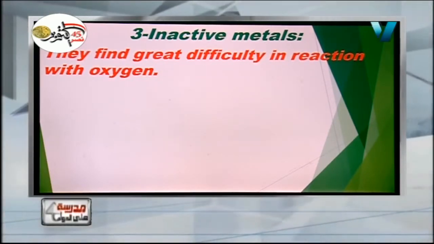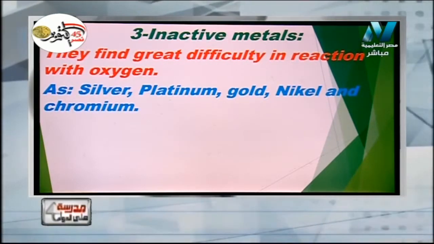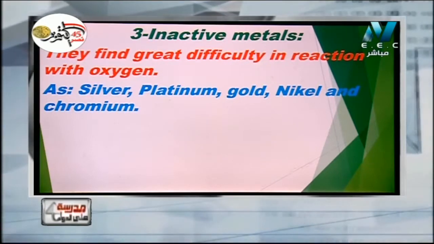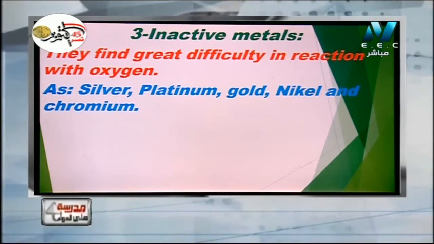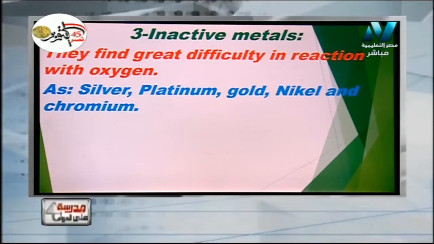They are very expensive, like silver, platinum, gold, nickel, and chromium. So, as you see, my dear student, metals are classified according to their chemical activity into 3 types. Number 1, very active metals, potassium and sodium. Less active metals, iron, copper, and inactive metals.